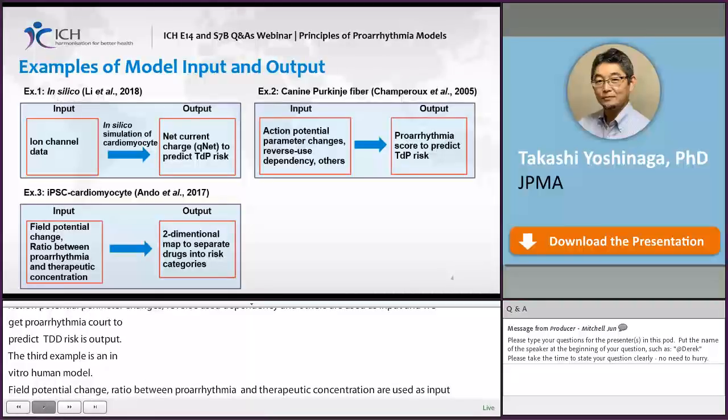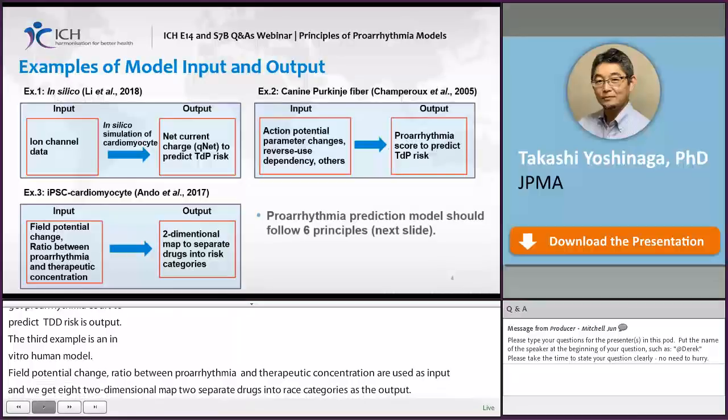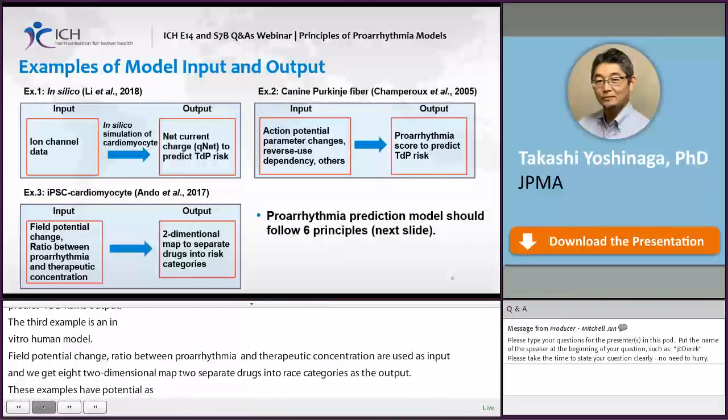These examples have the potential as proarrhythmia prediction models. I'd like to say a proarrhythmia prediction model should follow 6 principles described in the next slide.